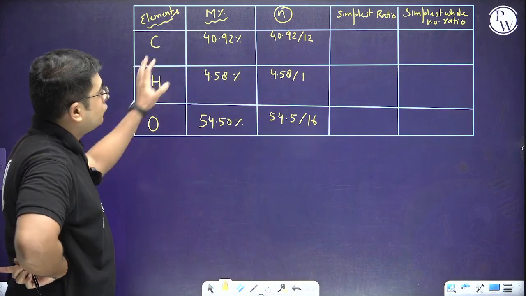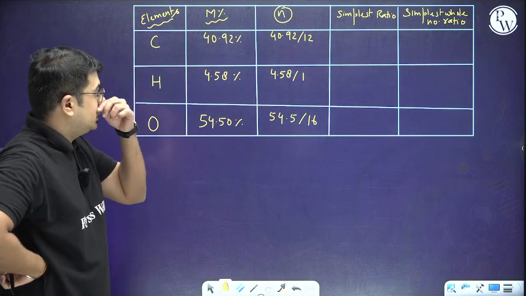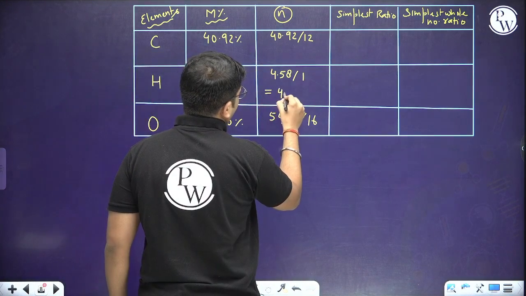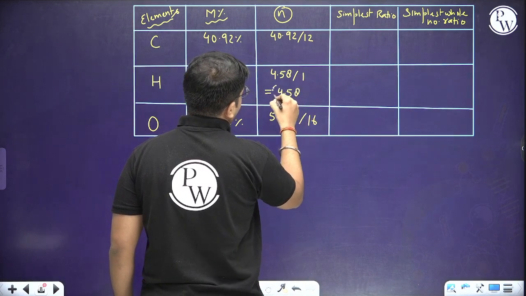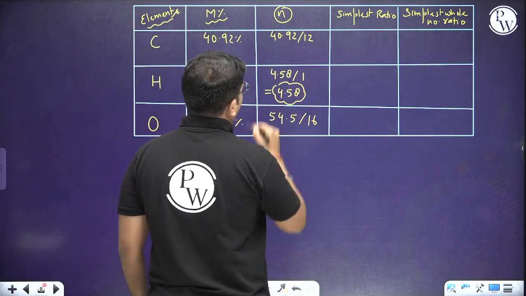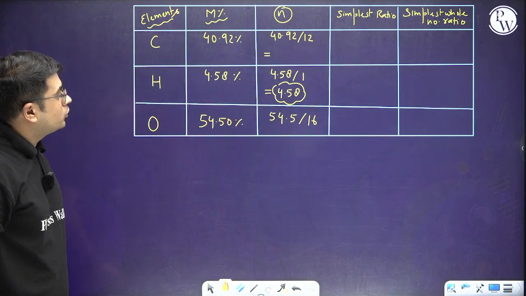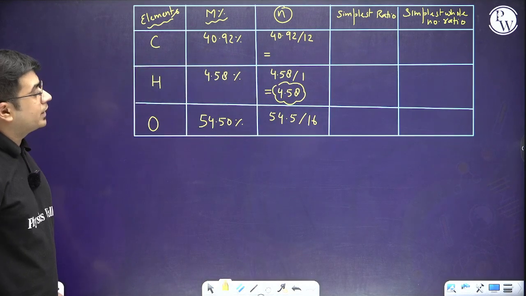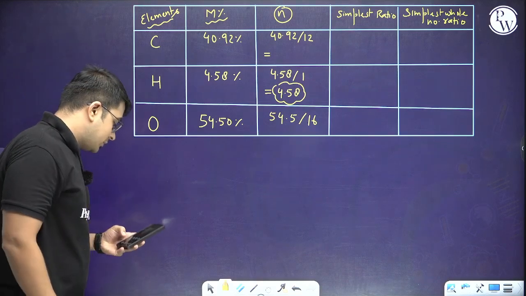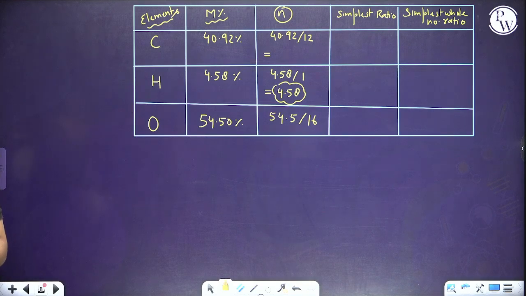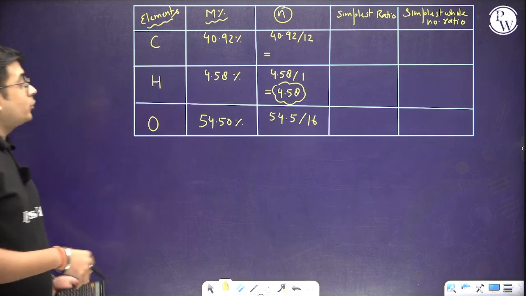So we have this information which is already given to us. The hydrogen value will be 4.58 only, and for the first part, 40.92 divided by 12, which will be 3.41.